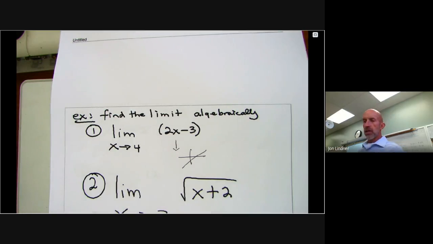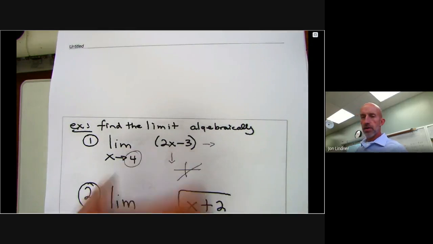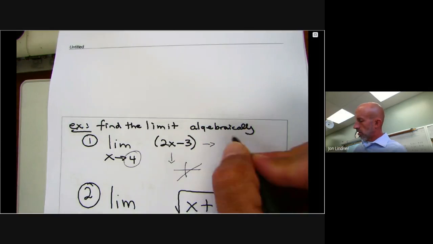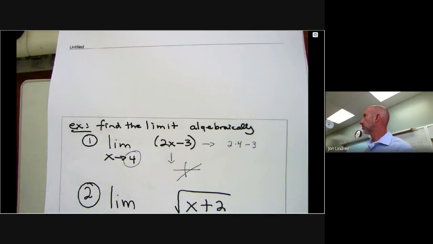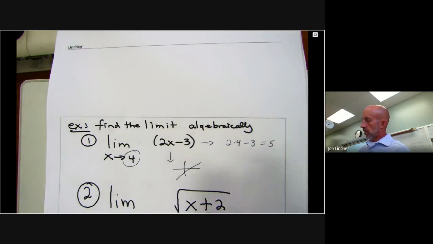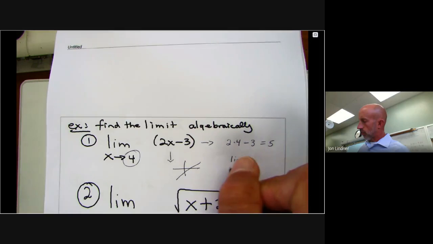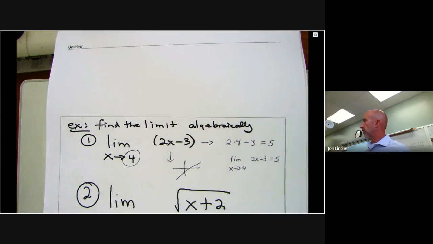So the only thing that I have to do on this problem is substitute. Plug in the value. 2 times 4 minus 3, and we get 5.